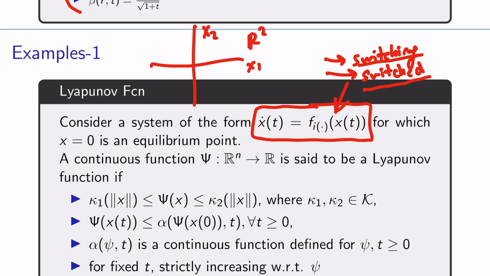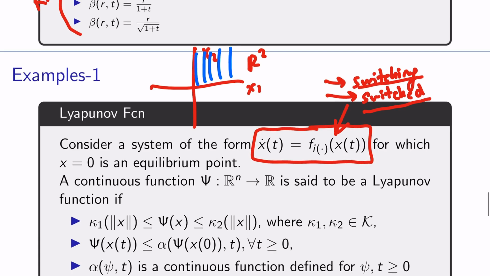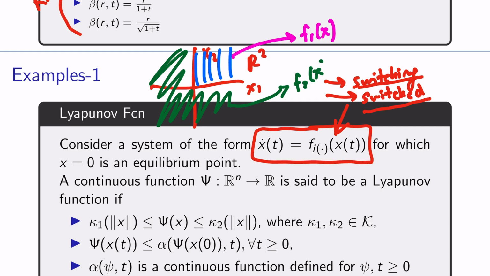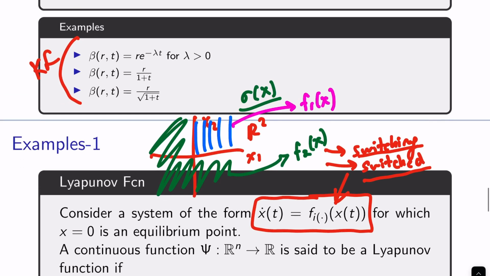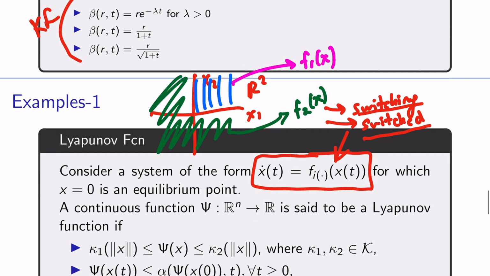If we are here, the system should be governed by f1 of x, and if we are anywhere else, the system should be governed by this other part. And for that we could have that type of function. So this is switched, or switching, type of dynamical systems in a nutshell.